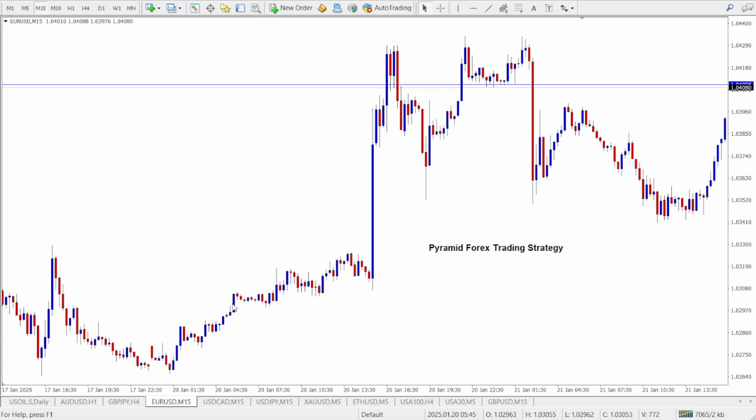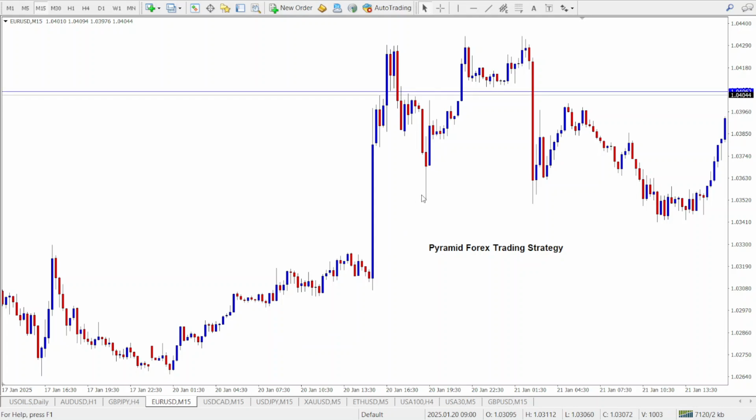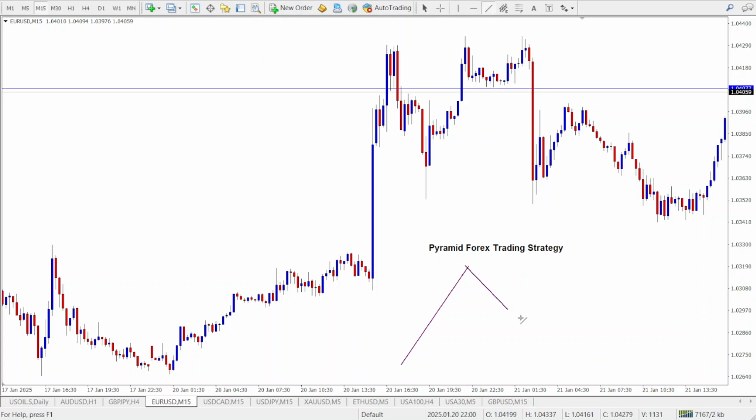Now, the Pyramid Forex Trading Strategy is all about scaling into a trade as it moves in your favor. Instead of entering a position all at once, you start with a smaller base position and add to it incrementally, forming what looks like a pyramid structure. The reason it is named after the pyramid is because of the nature of the strategy.